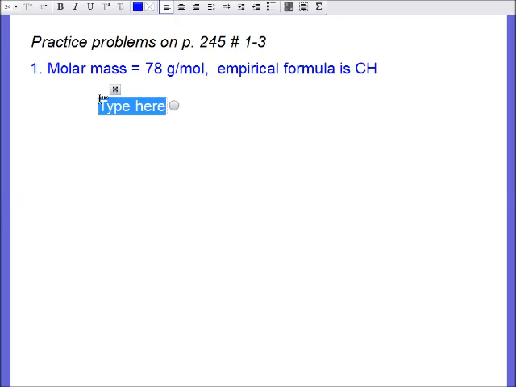Next step I'm going to do is figure out what my molar mass of the empirical formula is. I take the carbon plus hydrogen, and I get 13.019. And that's grams per mole.